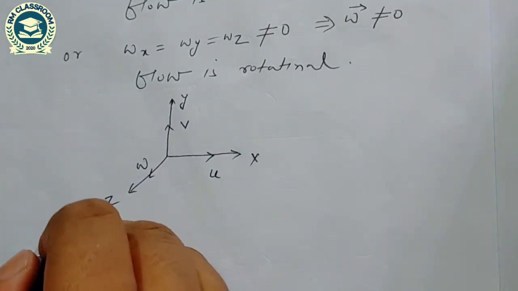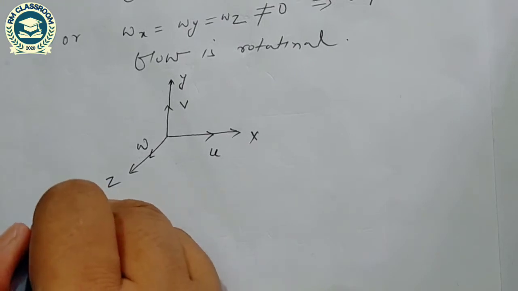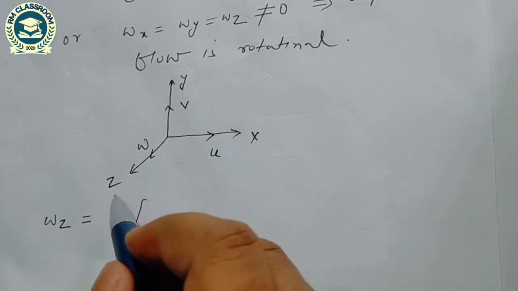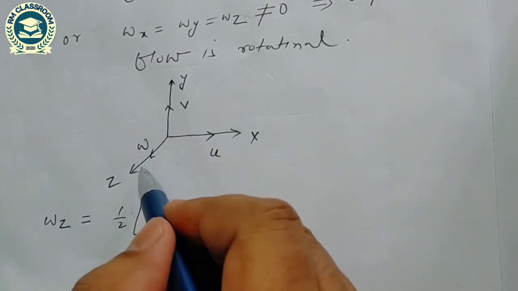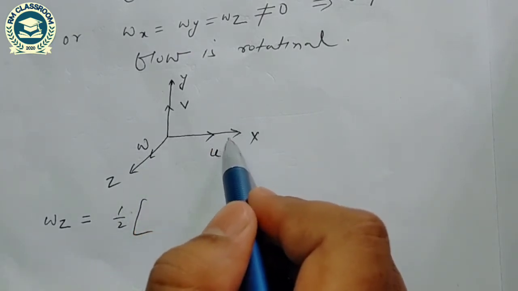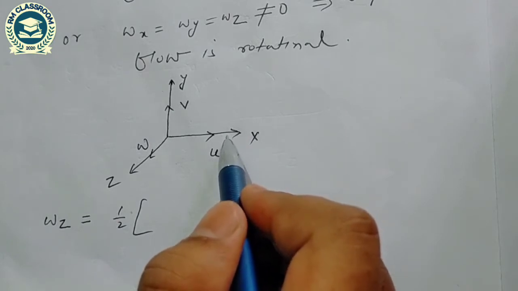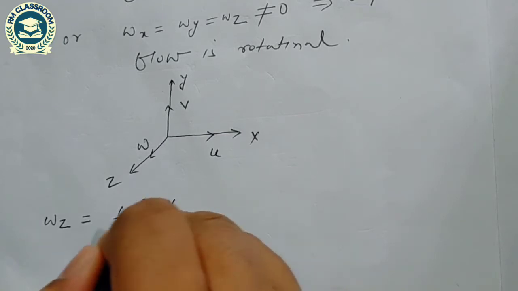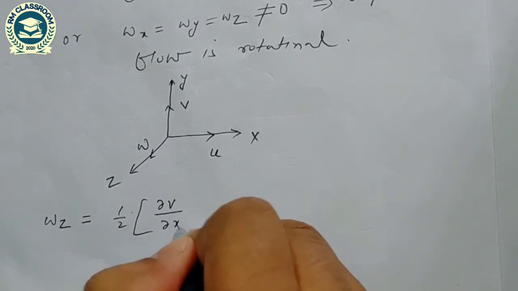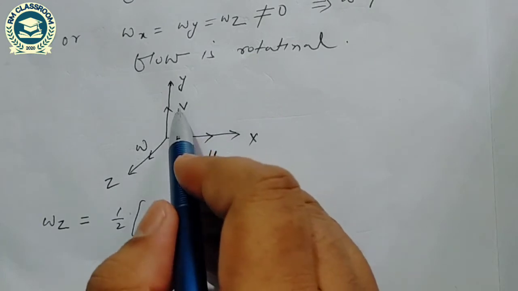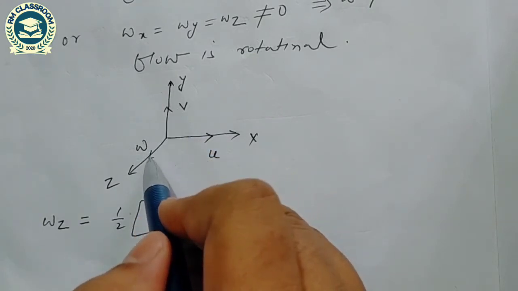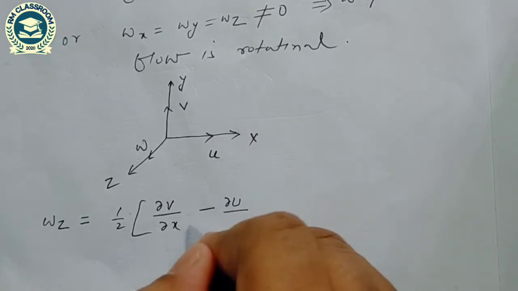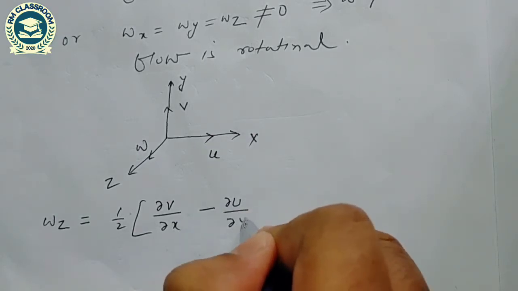If I'm going to write the rotational component in z direction, omega z is equal to 1 by 2, and after z it is coming x, so that you have to not consider. So del v by del x minus, once you have considered v, then you have to not consider w, you have to consider del u by del y.